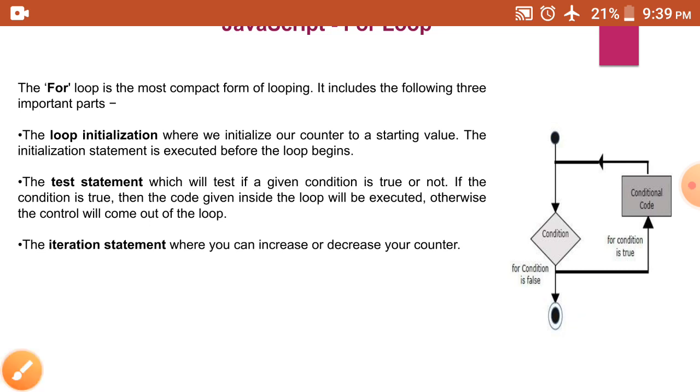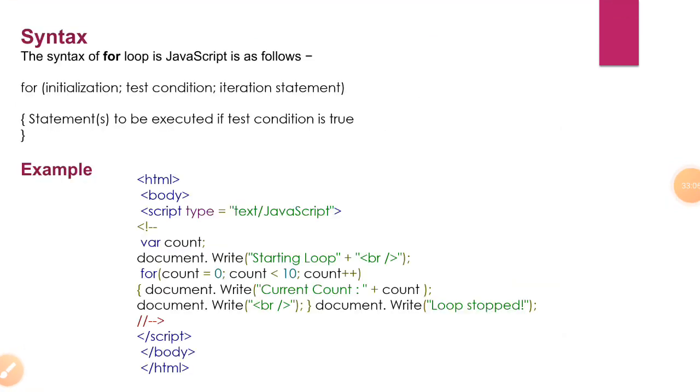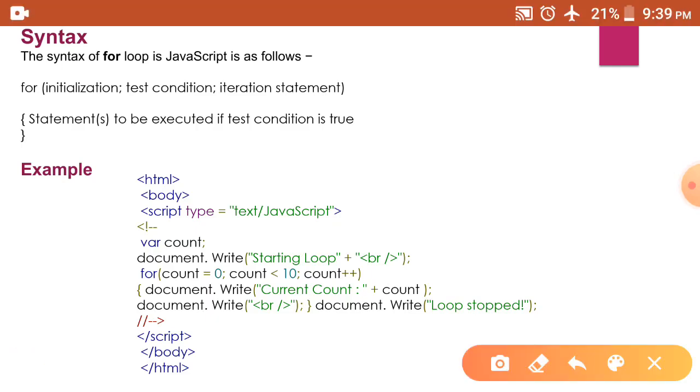Next we have the syntax of this particular for loop. The syntax for the for loop in JavaScript is as follows: the initialization, which we have discussed previously, next the test condition, and next the iteration statement, which may be an increment or a decrement.